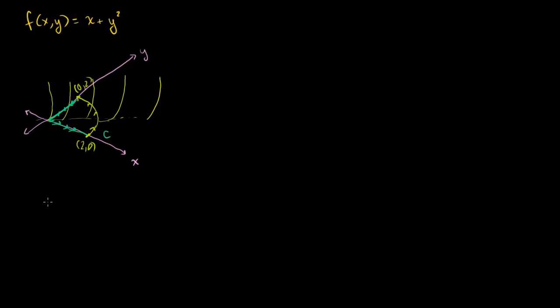And what I want to do is evaluate the surface area of essentially this little building that has the roof f(x,y) equals x plus y squared, and I want to find the surface area of its walls. So you'll have this wall right here, whose base is the x-axis. Then you're going to have this wall, which is along the curve.